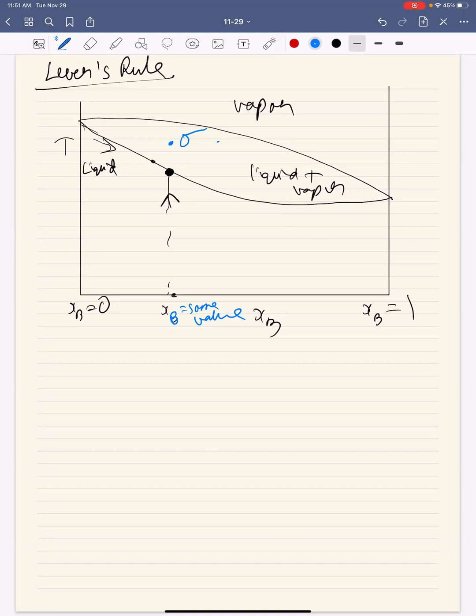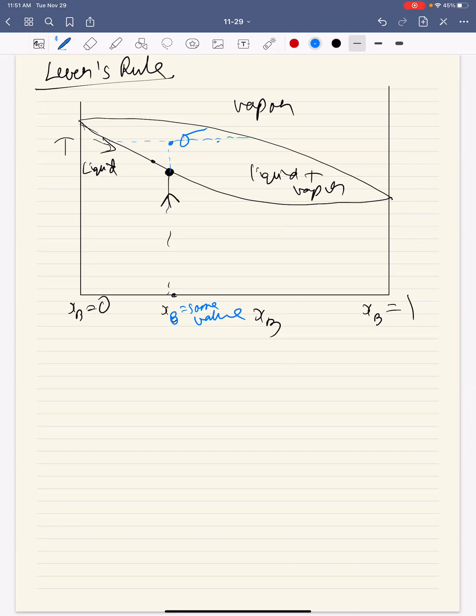So my question for you is, at point O, we are going to form a liquid and we are going to form a vapor. What will be the concentration of the liquid that we form? Kinjal, given this phase diagram, do you agree that at point O, we have a two-phase region? We are in liquid and vapor, right?